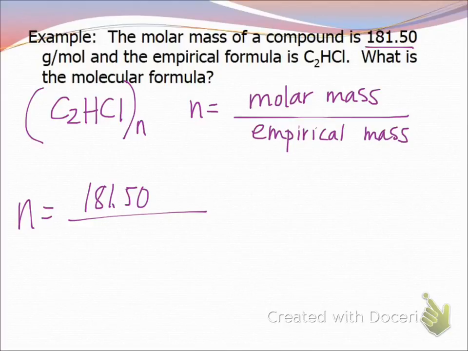Okay, so we're going to calculate the mass of this, just like we would do molar mass. It's just called an empirical mass because it's an empirical formula. So 12.01 times 2 plus 1.01 for hydrogen plus 35.45 for chlorine, and you should get 60.48.